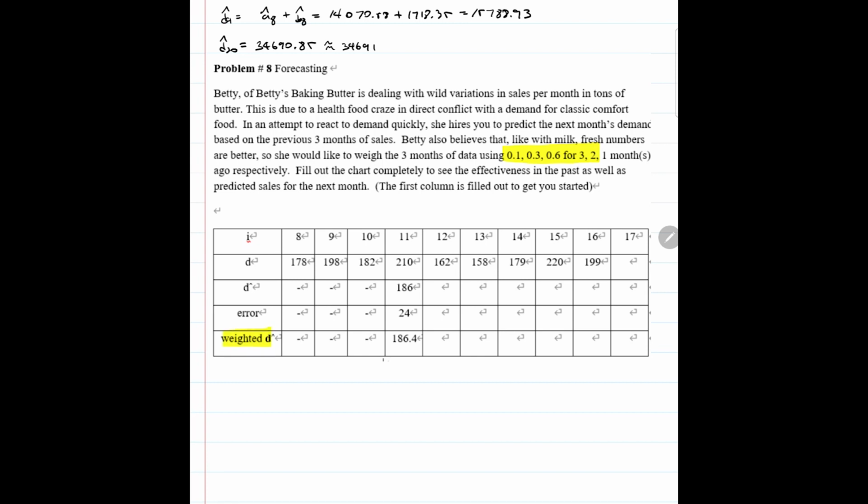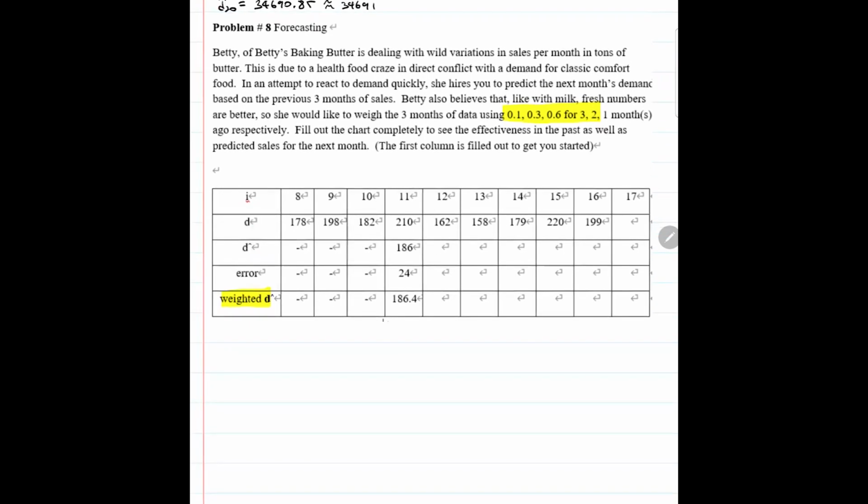This one simply means the first month has weight of 0.1, second month has weight of 0.3, and third month has weight of 0.6. So when we sum up this one, it came out as 100%.